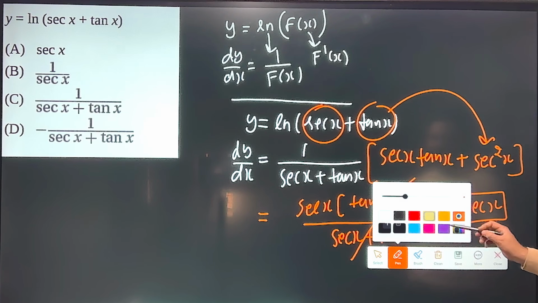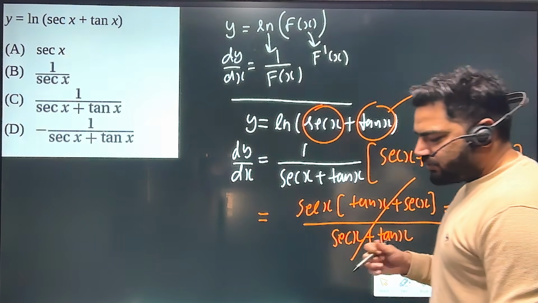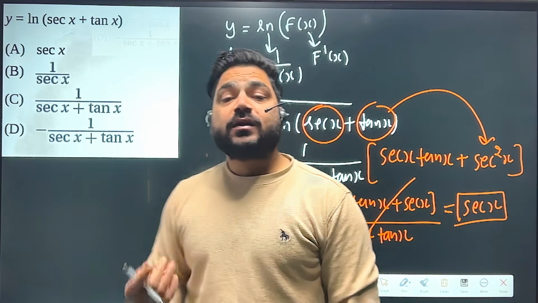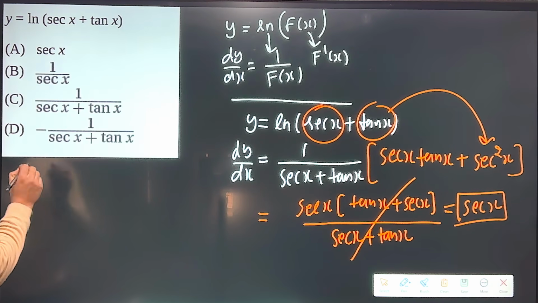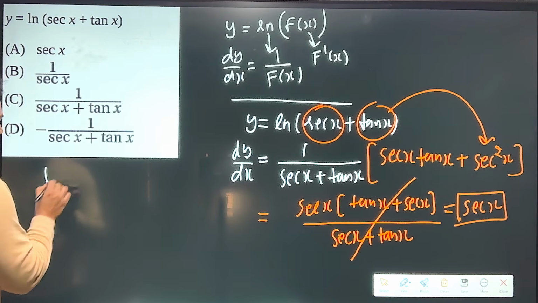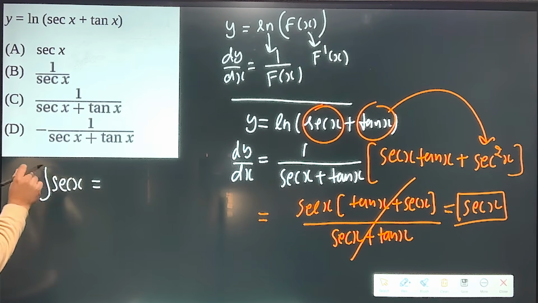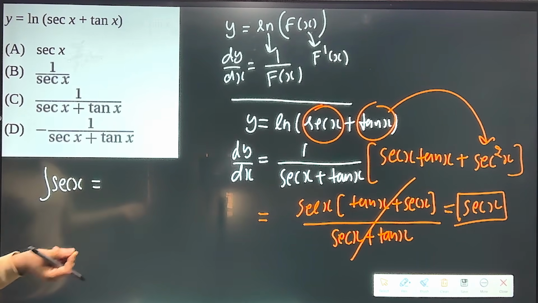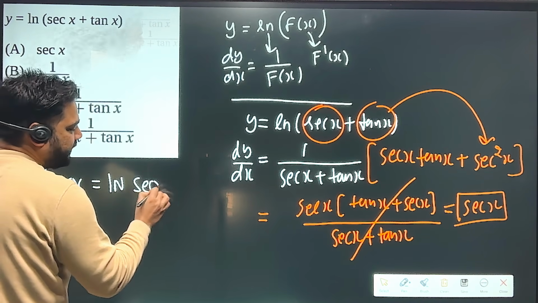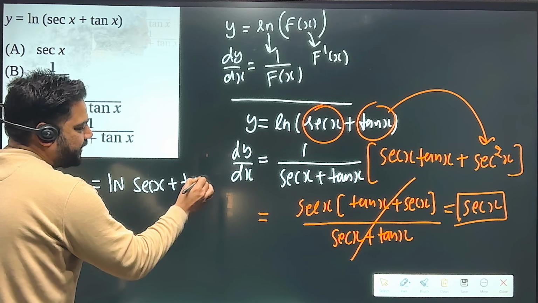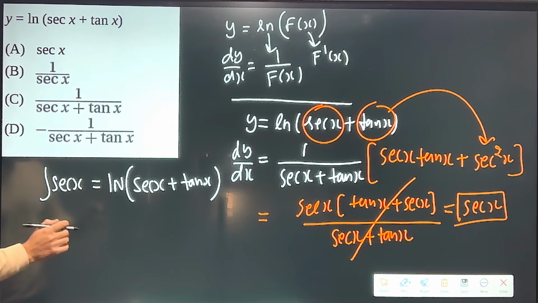And see, right now we are just doing differentiation, but those students who know integration can say that in integration we have a direct formula: the integration of secant x is ln of secant x plus tan x.